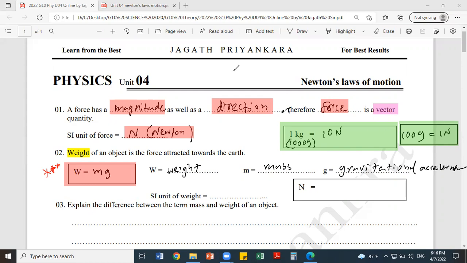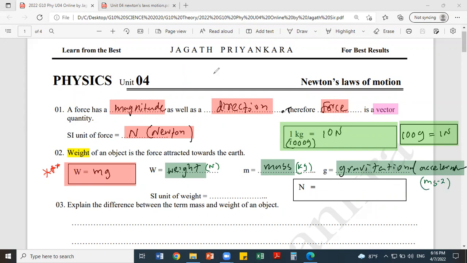So you can write there within brackets: weight measured in Newton, mass measured in kilogram, gravitational acceleration in m s^-2. Write kg simply, otherwise it becomes Kelvin. Gravitational acceleration in meters per square second, m s^-2.